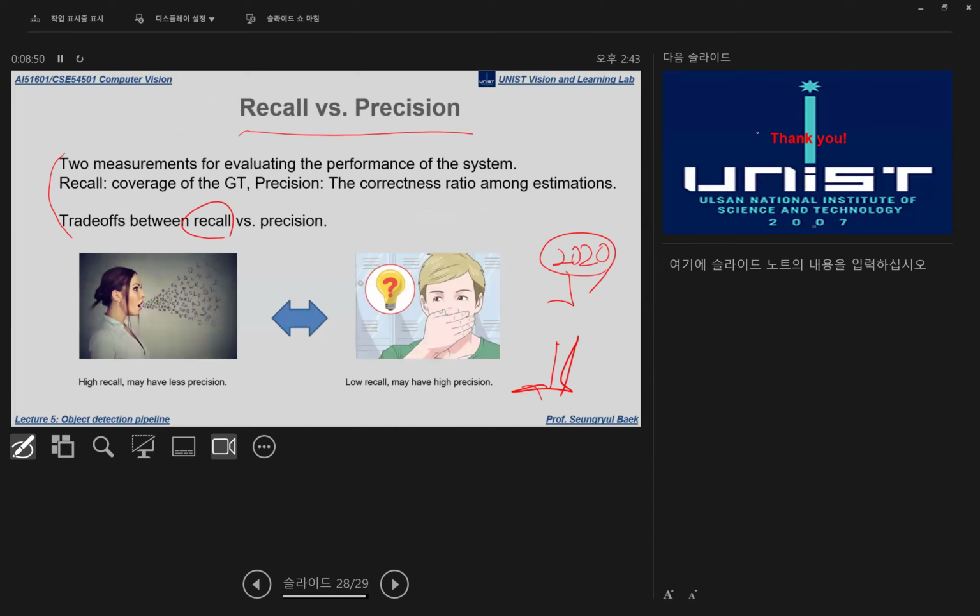And this slide is summarizing what recall and precision mean. These are two important measures for evaluating the performance of an AI system in general, and especially important for object detection algorithms. Measuring recall is measuring how much of the ground truth is covered.